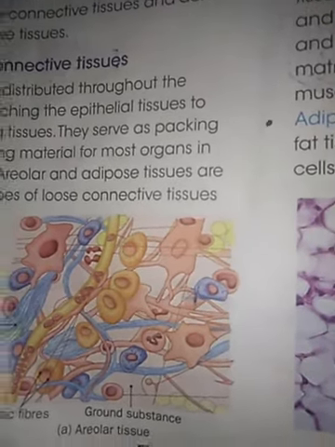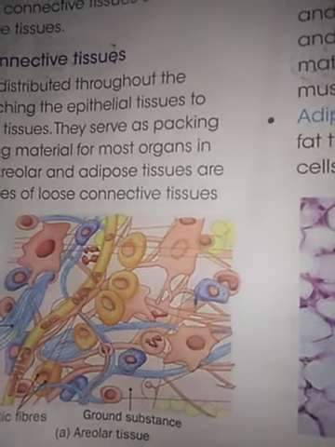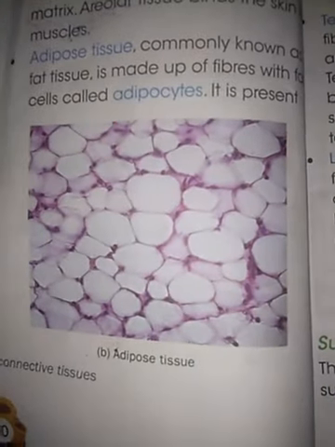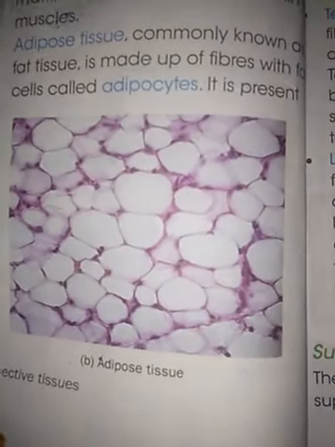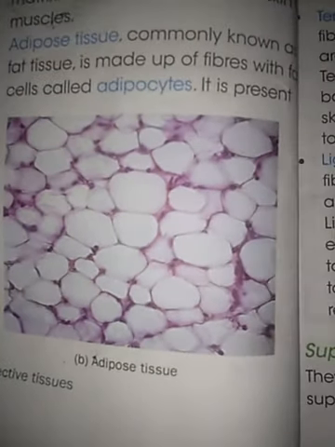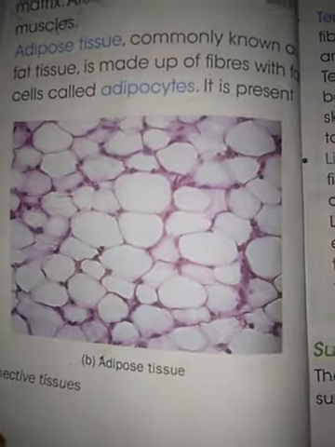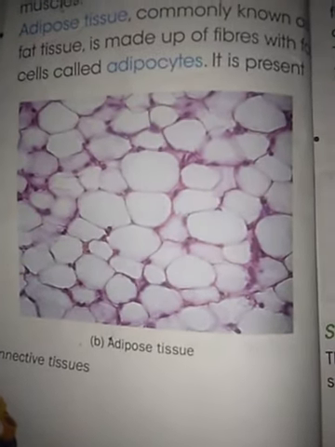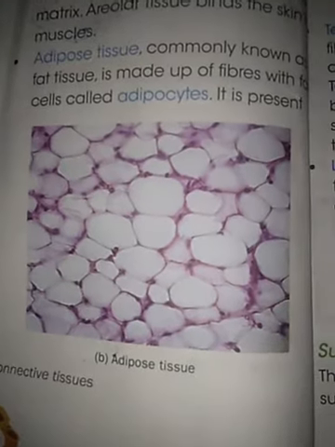If we use only the bricks, the house will not stand strong. Yes or no? But if we use cement with it, it will be strong. If we use cement and bricks, the house will be strong. Like that, connective tissues bind different parts of the body.